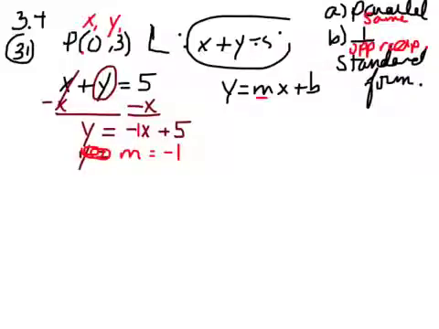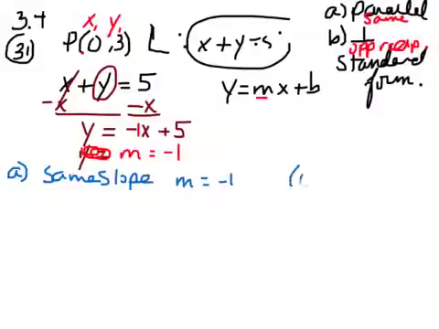Now, if I want a parallel line for part A, let's do that first. What do I know about parallel lines? They have the same slope. So I'm going to have a slope in this line of m equal negative 1, and then I have the point (0, 3). Now, there's two things I could do here. This actually, if you look at it, when x is 0, you've got the y-intercept.